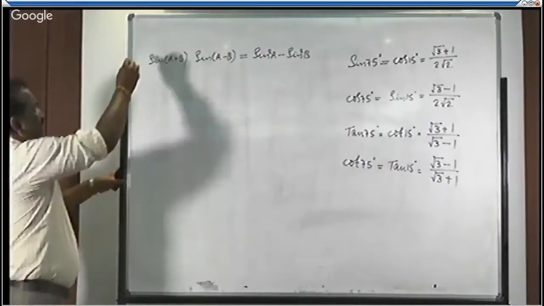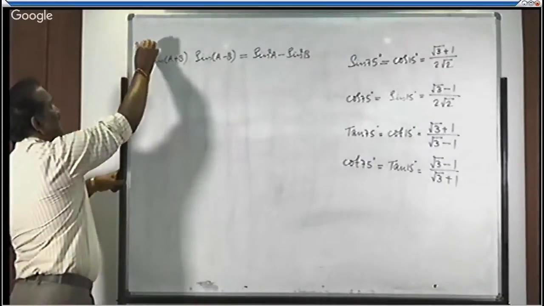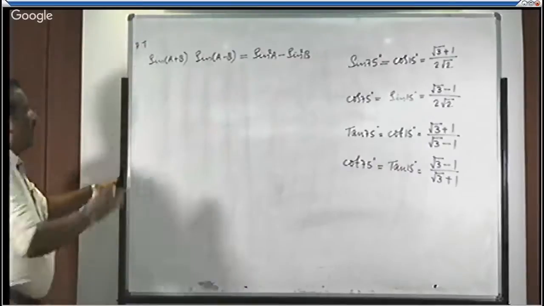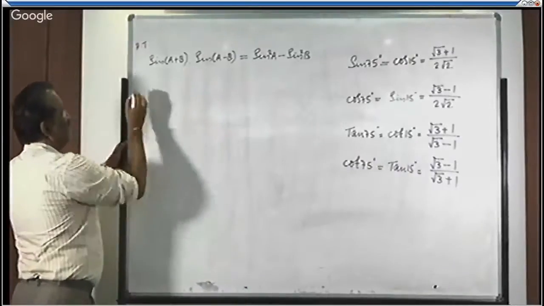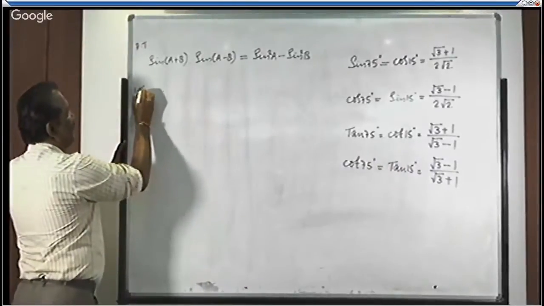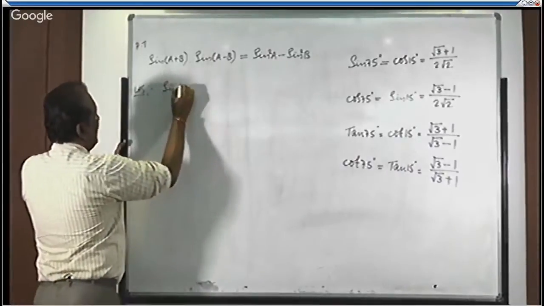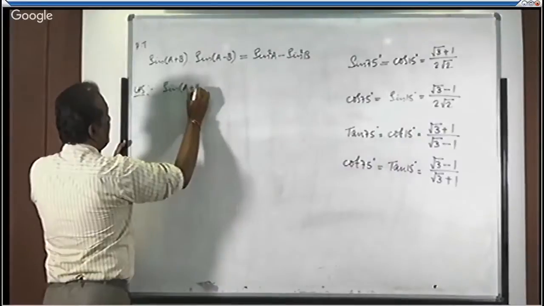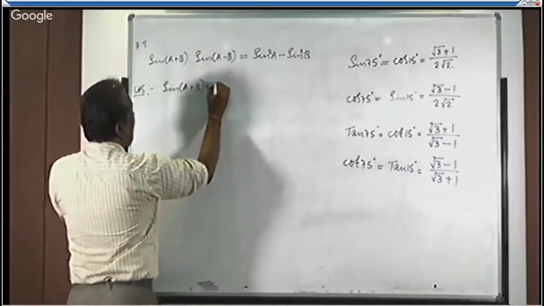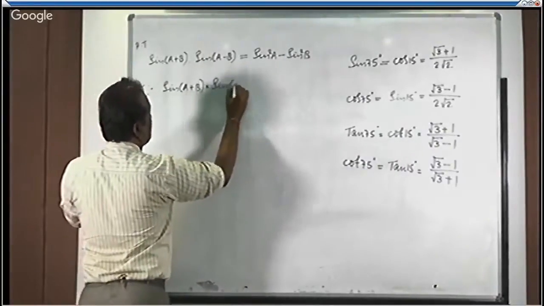So prove that means you have to prove LHS is equal to RHS, is it not? Now let us try to consider the LHS first. What is the LHS given? LHS is sine of a plus b into sine of a minus b, right?